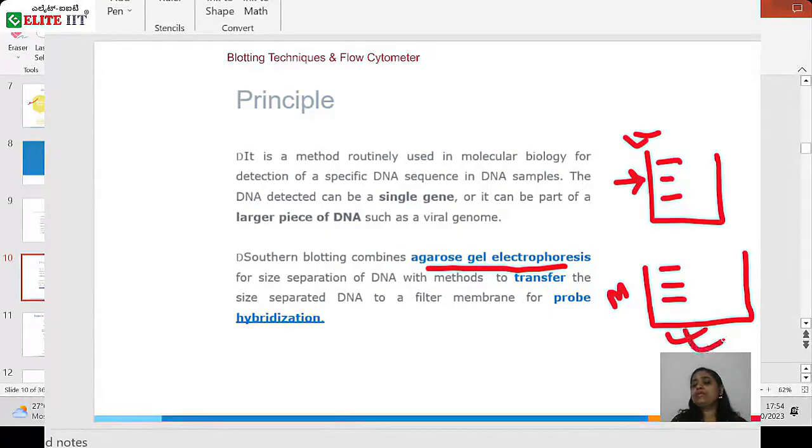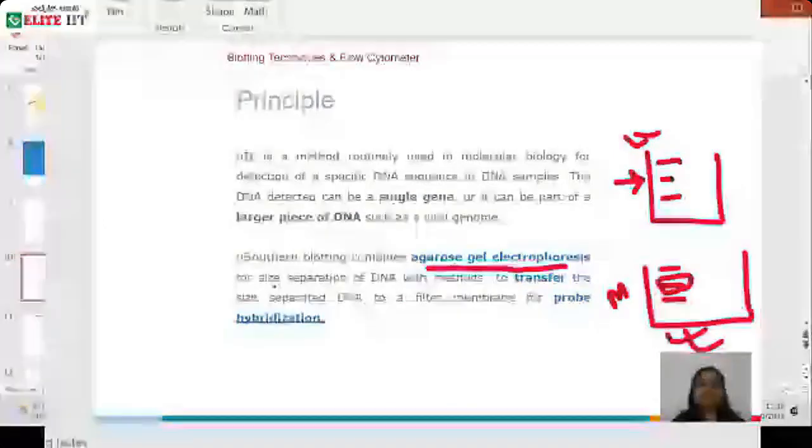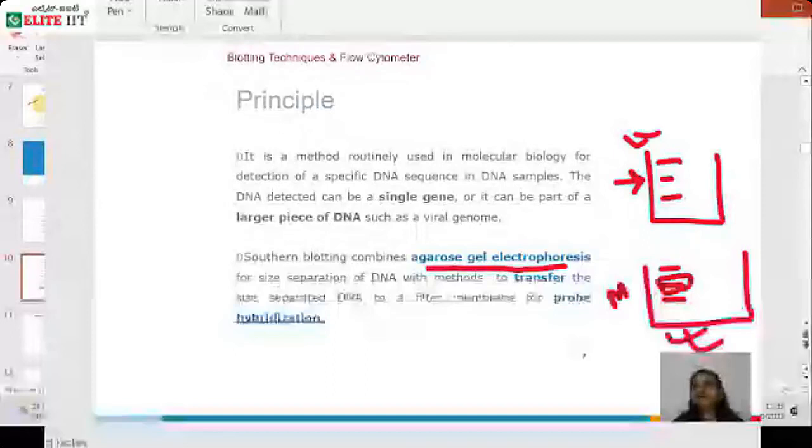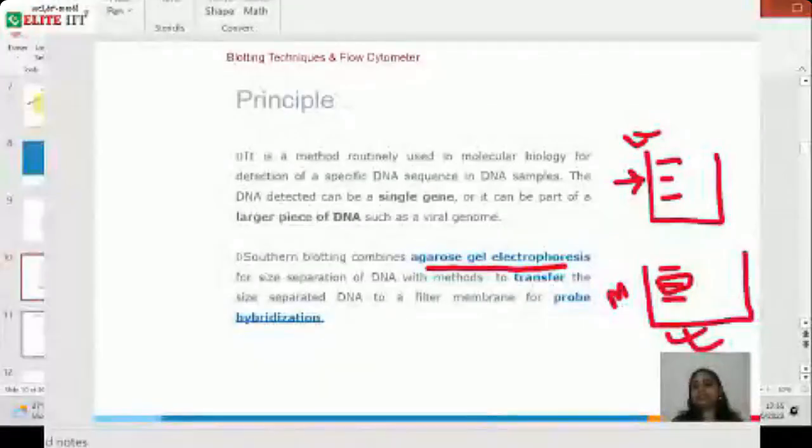Okay, so on the membrane, what you have to do? You have to add a specific probe, so that at the specific position only that probe can bind. And after that you can identify it through autoradiography. So in this process, the detection is actually through probe hybridization.